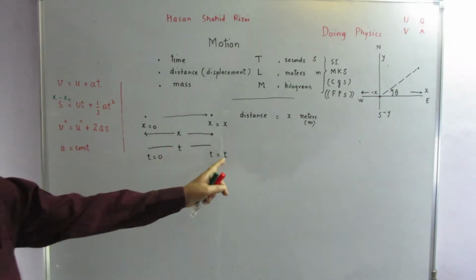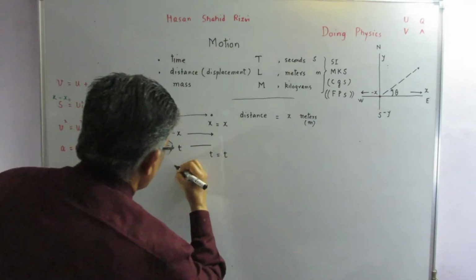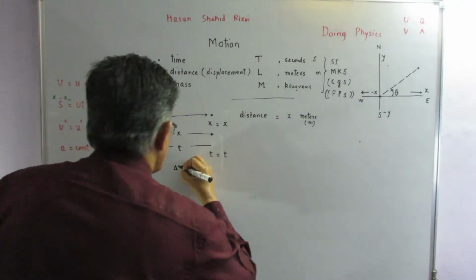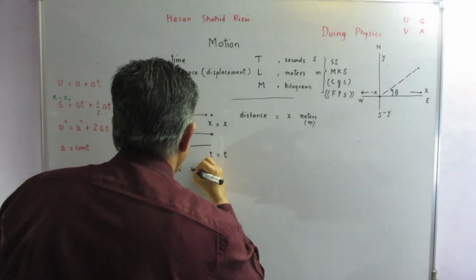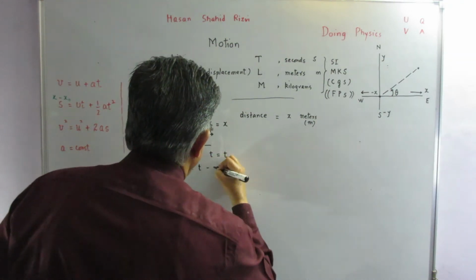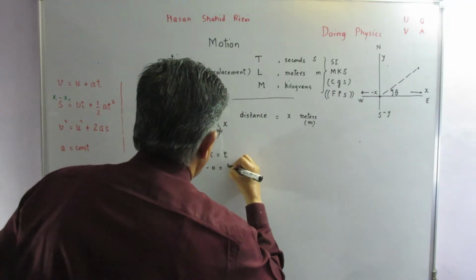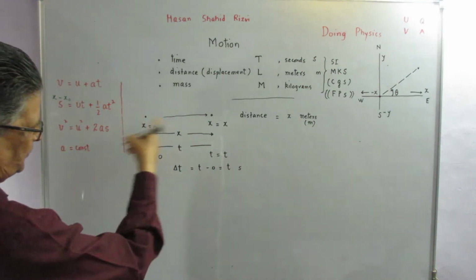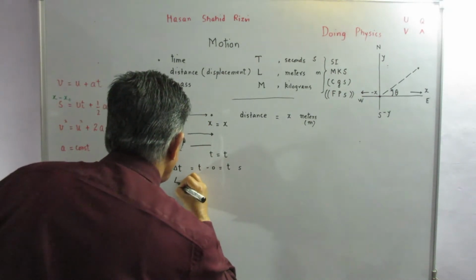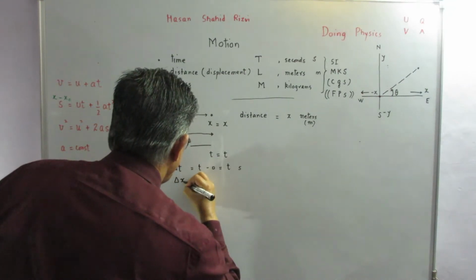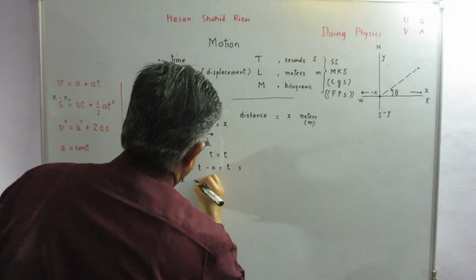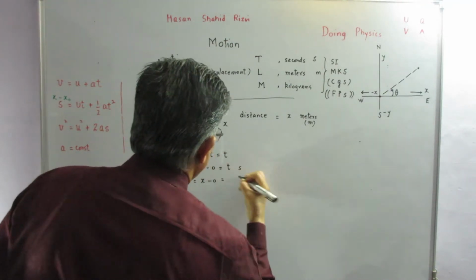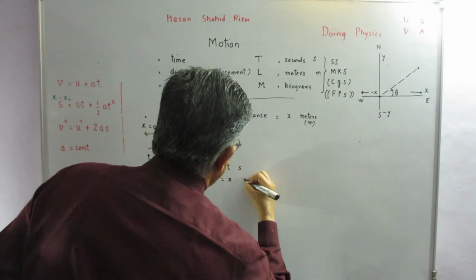So there is a change in the value of time, and I can write this as the change, always using this symbol delta. Delta t is equal to, in this case, t minus 0, which is t, of course in seconds. And the change in the value of x will be equal to the value x minus the value 0, and therefore this turns out to be x meters.